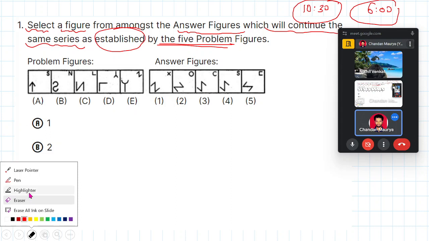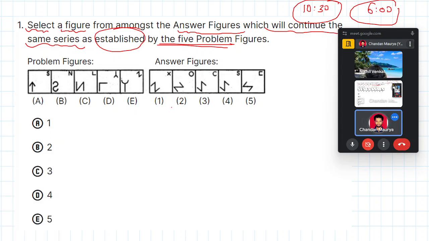Next, can it be option number two? There is a chance that option number two might be correct. But if this was at the top, it became the bottom.